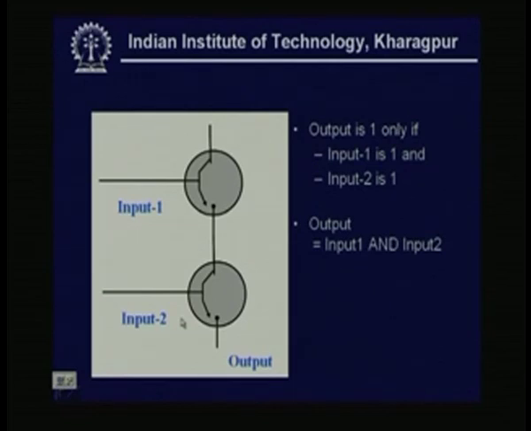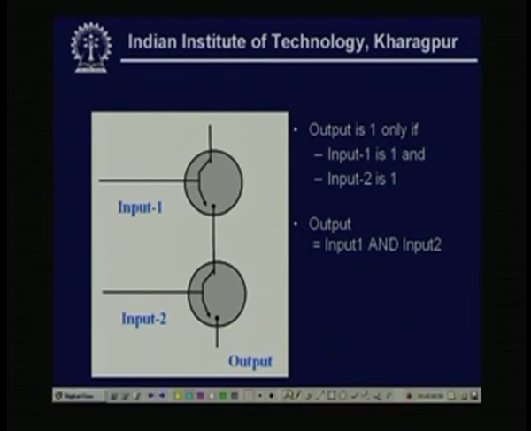Now we see something slightly more complex. When will the output be 1? If both the switches are connected. That means this switch will be connected, this switch will also be connected, and this one should also be connected.